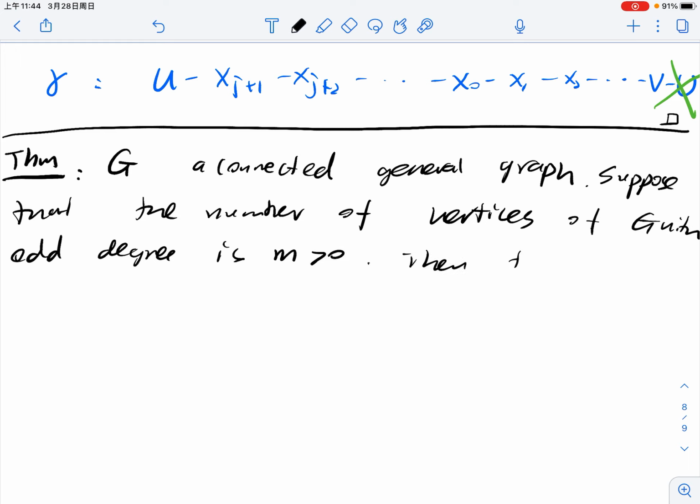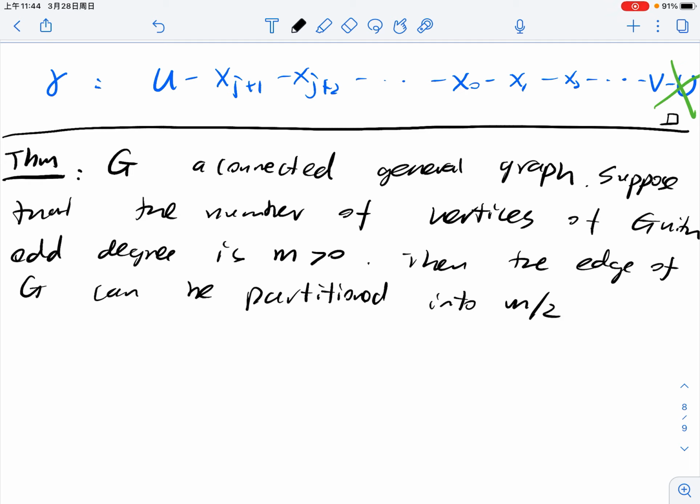Then the edges of G can be partitioned into m over 2 open trails and no less.